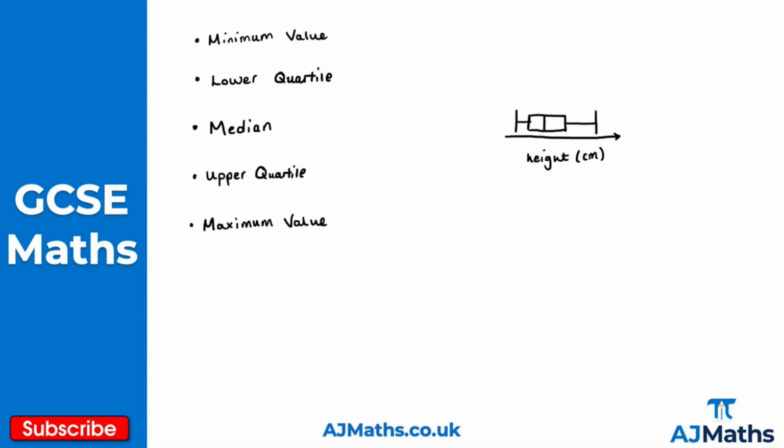Let's just note what each thing is. This one is the minimum value. This one is the lower quartile. I'll just call that LQ. This one in the middle is the median.